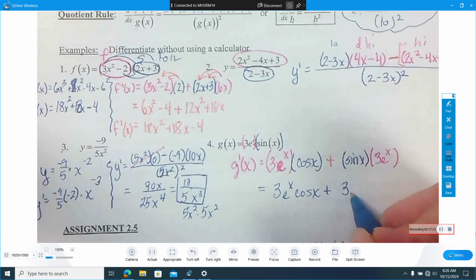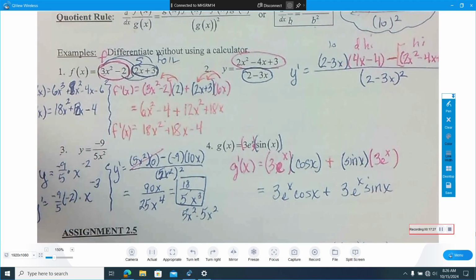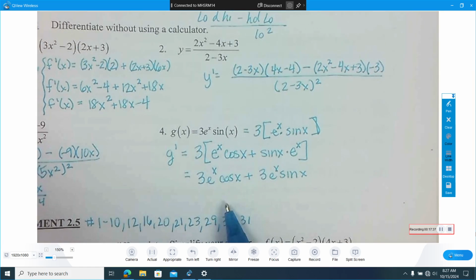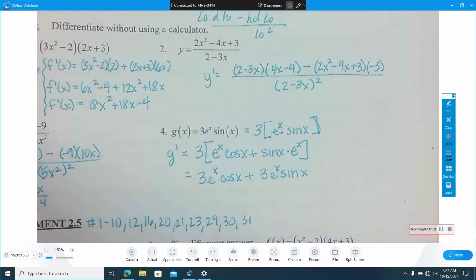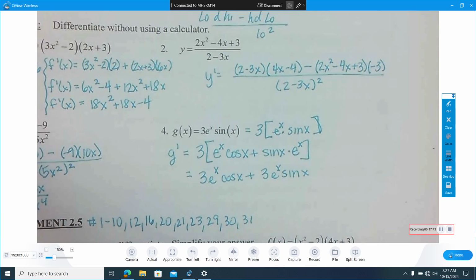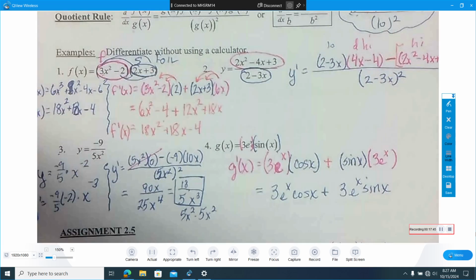So 3e to the x sine x is typically how you might rearrange that. And you can see you get the exact same thing as I did when I pulled out my 3, but I did have to distribute it. Again, either answer is equivalent. All right, so no change there.